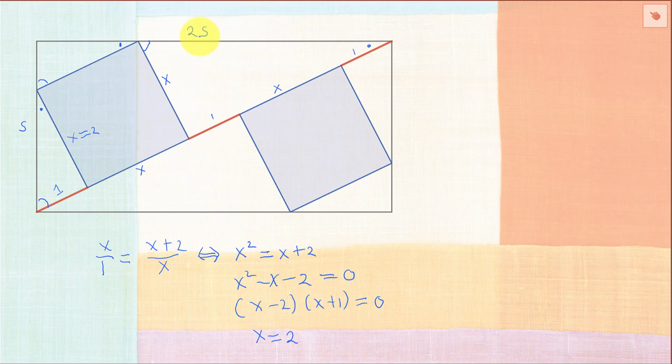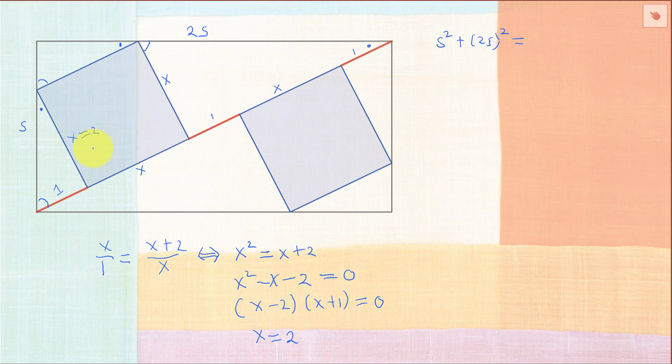This side and that side, together with the hypotenuse, satisfy the Pythagorean theorem. Therefore, s squared plus (2s) squared is equal to (2x plus 3) squared, but x is equal to 2.